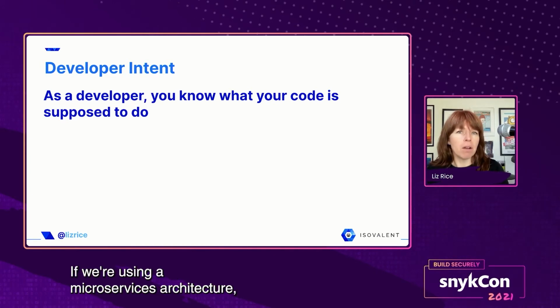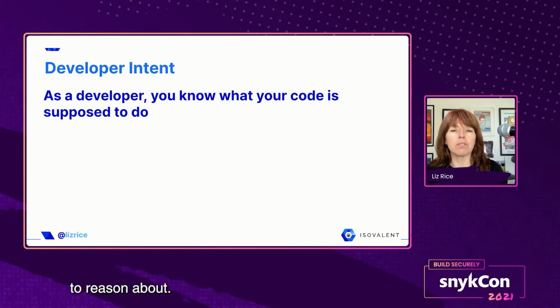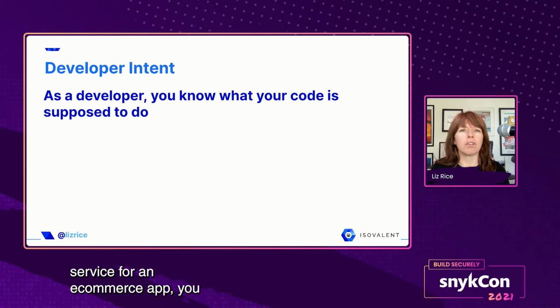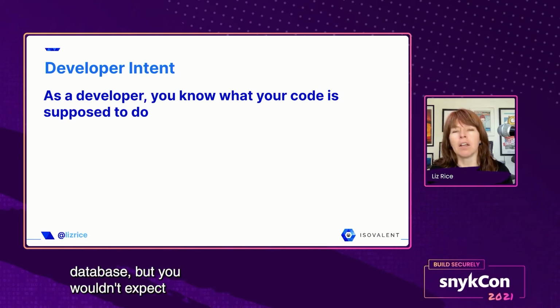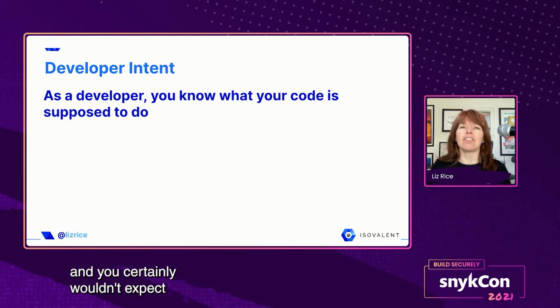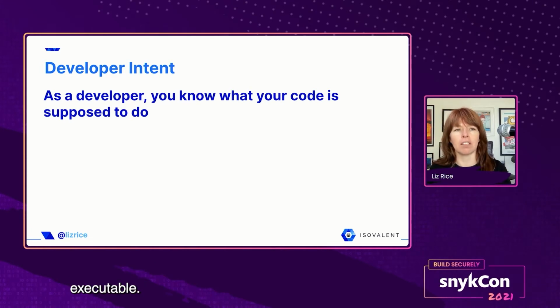If we're using a microservices architecture, this can be really quite straightforward to reason about. For example, if you're working on a product search service for an e-commerce app, you would expect that search service to connect to a product database, but you wouldn't expect it to connect to a payment gateway, and you certainly wouldn't expect it to be running a cryptocurrency mining executable.